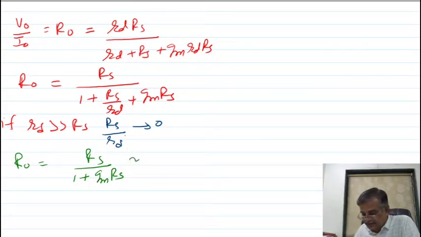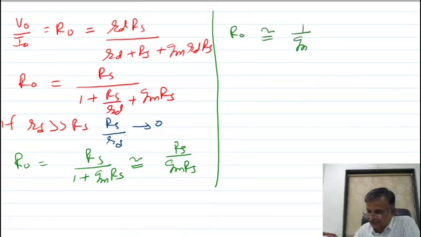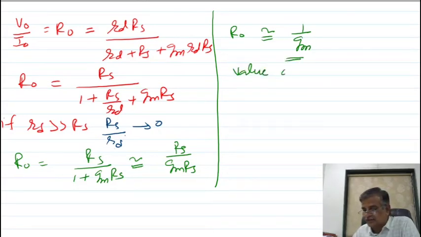This can also be written as 1 upon, 1 upon Rs plus gm, or this can be written as 1 upon gm. This indicates that value of output resistance is very less.